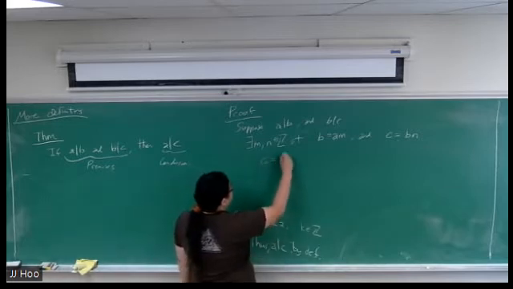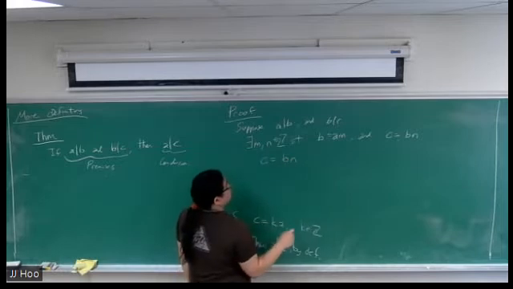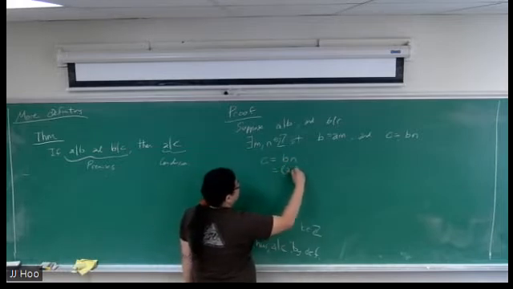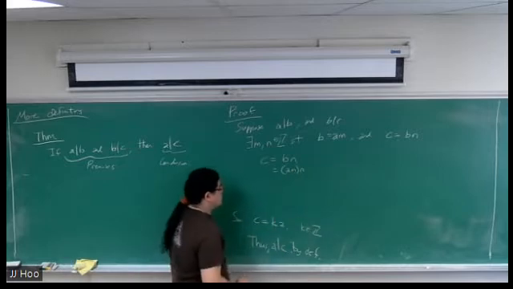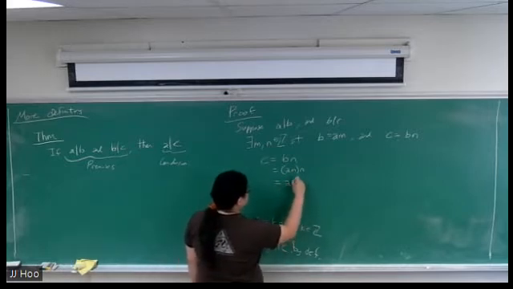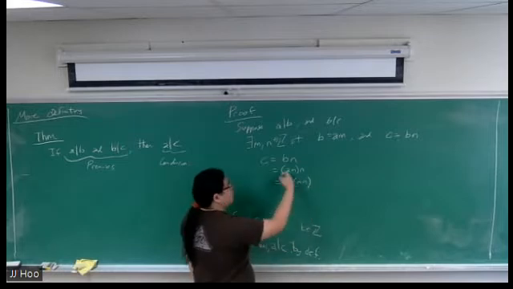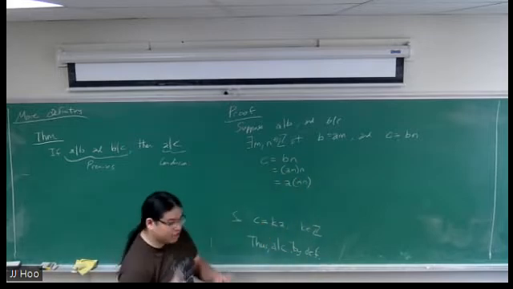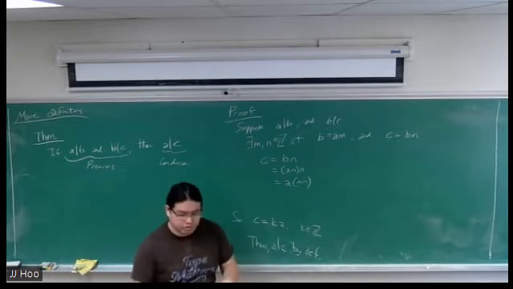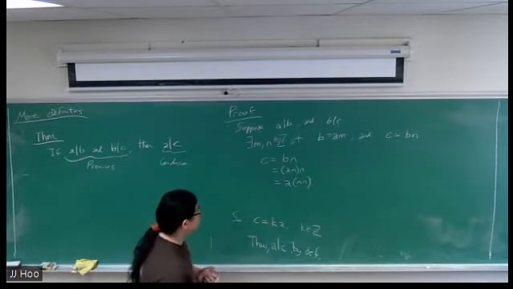So I can almost write C equals BN, but I also know what B is. It's AM, N. This is equal to A times MN. I haven't told you that these things are associative or commutative or whatever, but for now, since we know basic properties of integers, we'll just assume that's true.